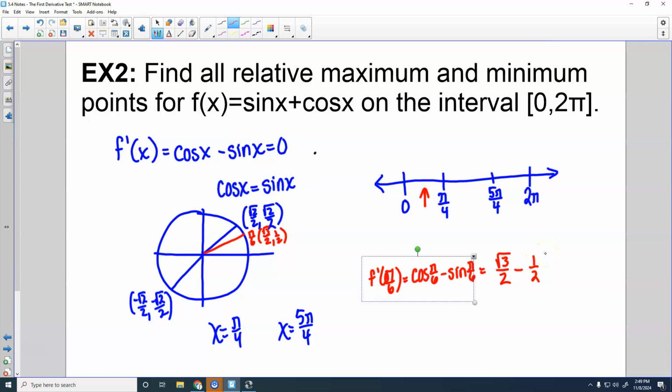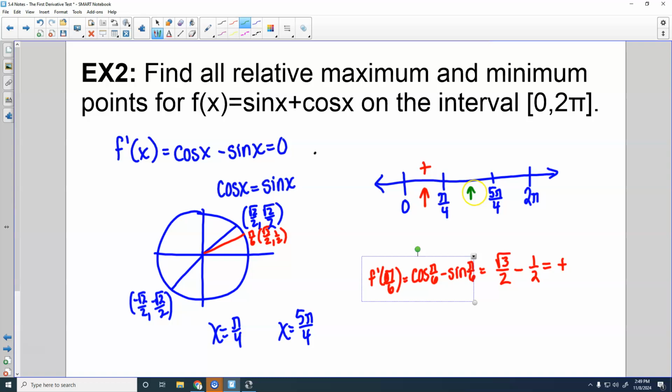Which one of those is bigger, square root of 3 over 2 or 1/2? Square root of 3 over 2. Square root of 3 is bigger than 1, because the square root of 1 is 1, right? So this is going to give you a positive number. You don't have to know what it is. Don't try to figure it out. You just need to know it's positive.